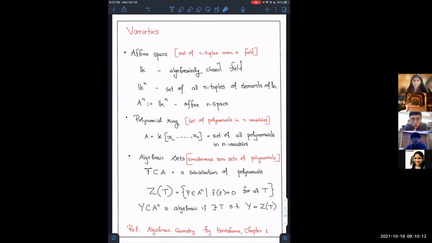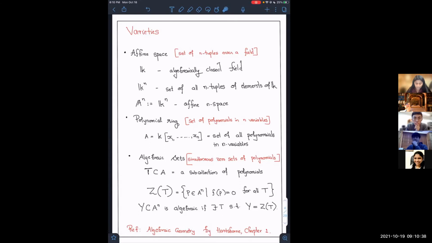Suppose K is an algebraically closed field, and we take the set of n-tuples of this field K, and that is what we call the affine space, and we use the notation A superscript n for affine n-space. This is our underlying space, where we take the points from.